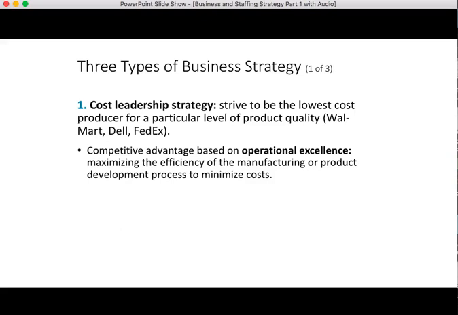And they keep the cost of computers down as low as possible. I remember a time when a desktop computer with maybe a 2 megabyte hard drive was $2,000. So the fact that you can get a multi-gigabyte hard drive for a couple of $100 shows you the role that cost leadership strategies play in driving the prices down on products.